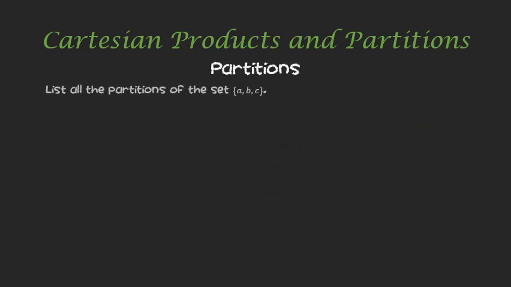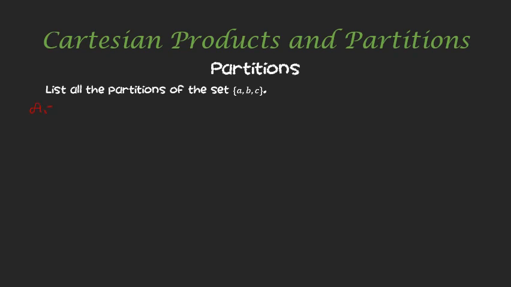So let's take a look at an example of partitions in order to make sure we're understanding them. For this one, we're going to list all of the partitions of the set containing A, B, and C. I'm going to label these script A1, script A2, and so on.